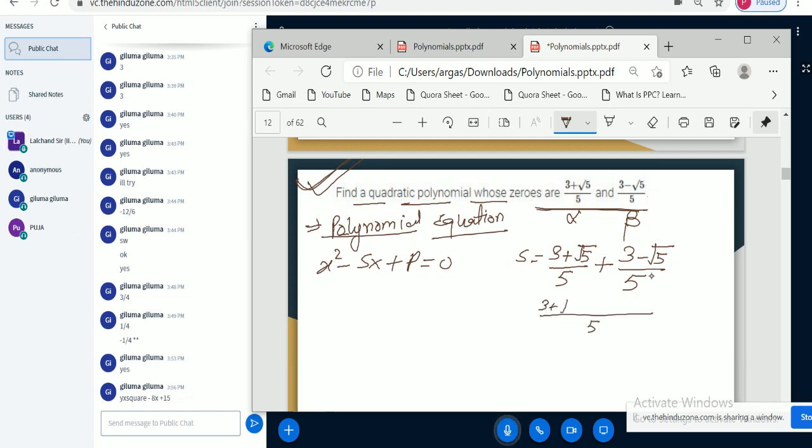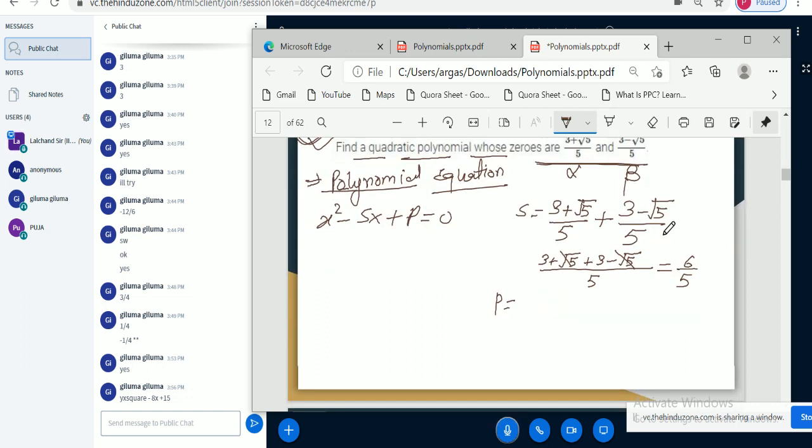(3 plus root 5) plus (3 minus root 5), cancelling root 5 with the plus and minus signs. So here 6 by 5. What is the value for P, the product? Multiplying these two factors: (3 plus root 5) divided by 5 into (3 minus root 5) divided by 5.